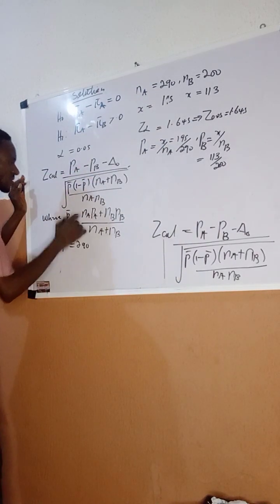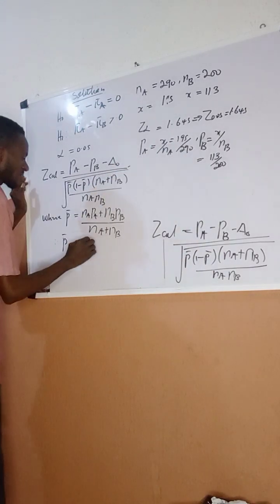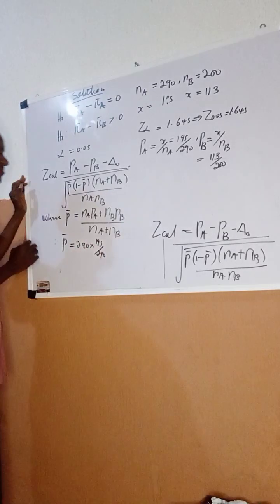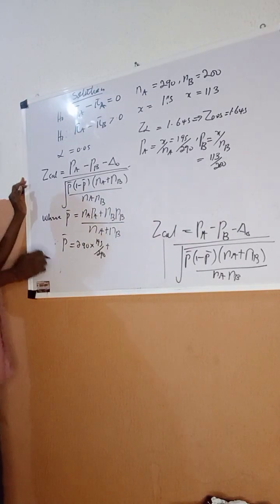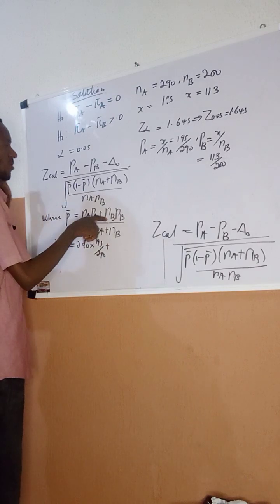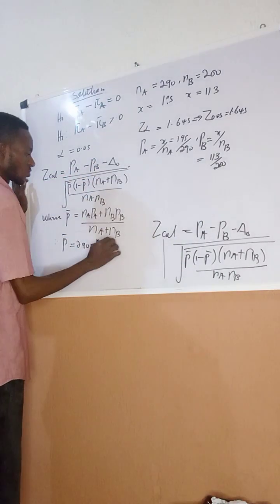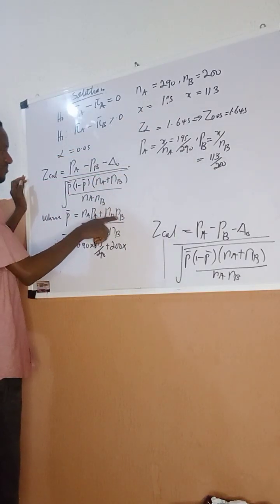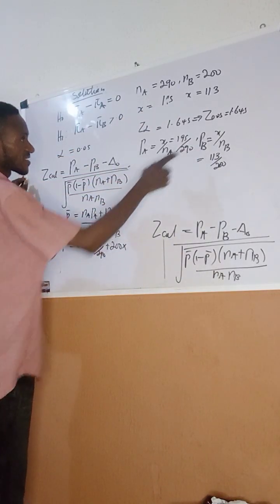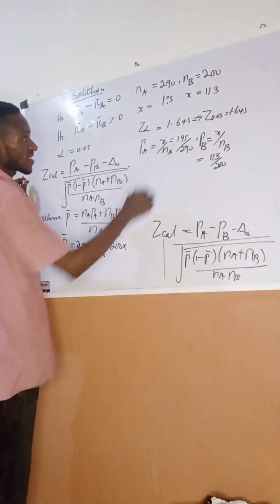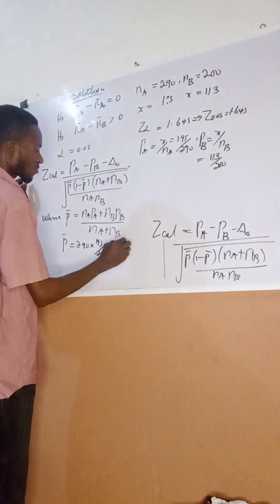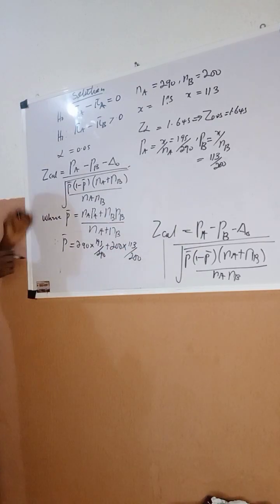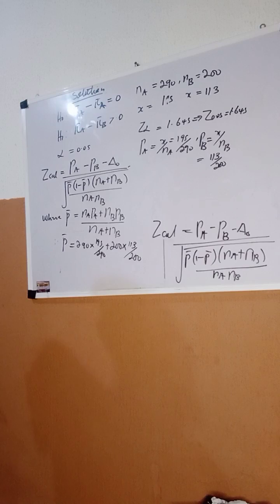So I have 290 multiplied by, in place of P of A, 195 all over 290, plus N of B, which is 200, multiplied by P of B, which is X, and our X is 113 all over 200. That's what we have there.